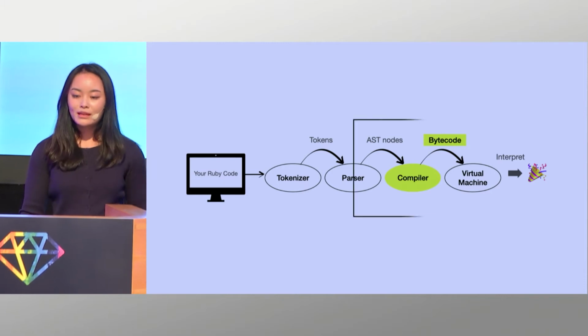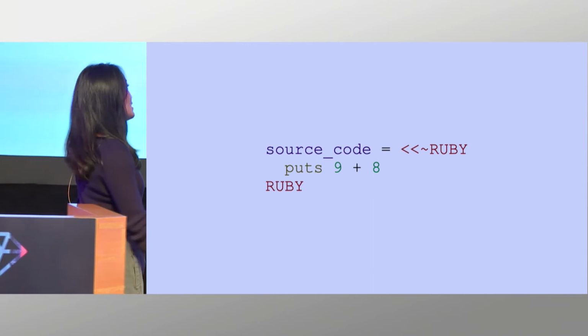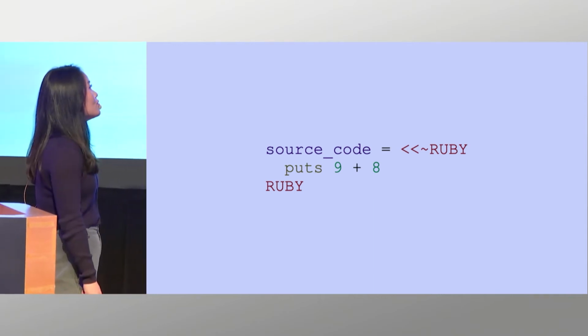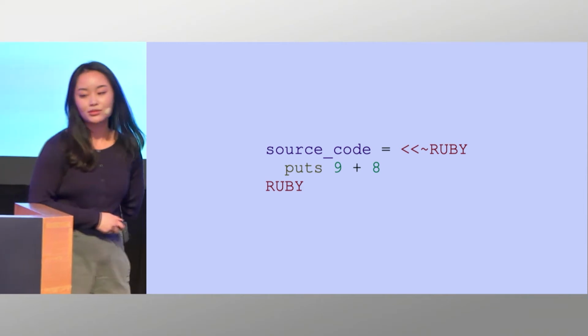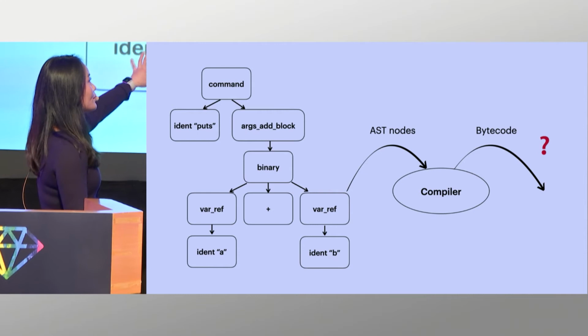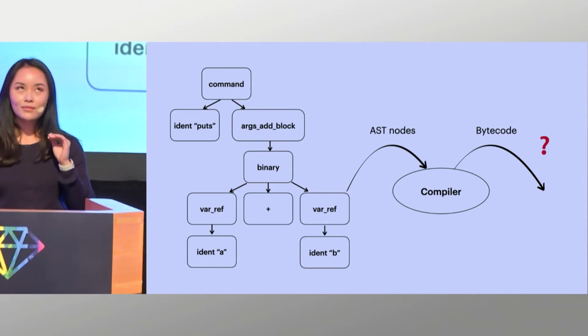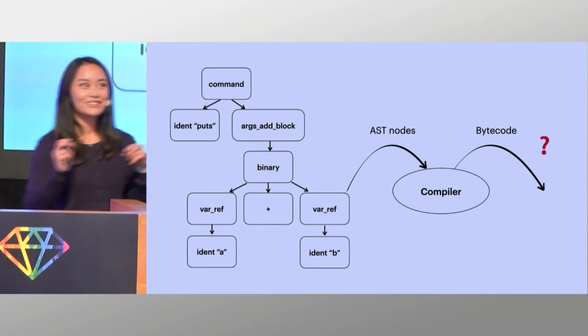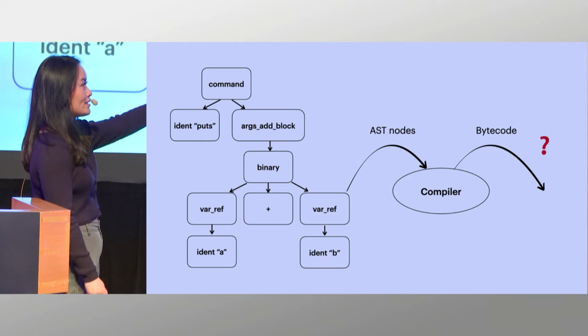So let's zoom in a little into this specific phase, and let's use this as an example. Essentially, we have a puts 9 plus 8 string in the variable source code. You can kind of ignore this graph on the left; it's essentially what the puts 9 plus 8 source code looks like represented in AST nodes, and that gets passed into the compiler.